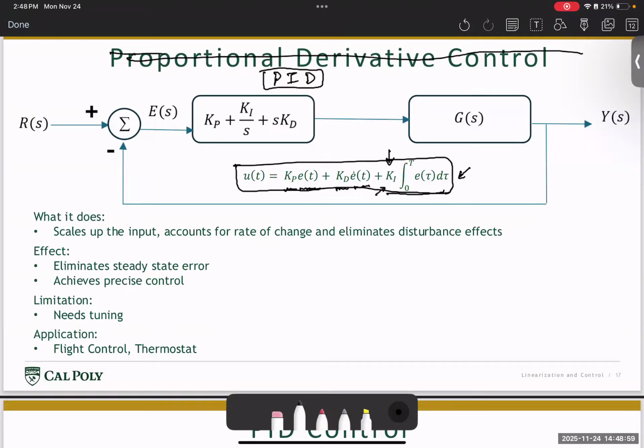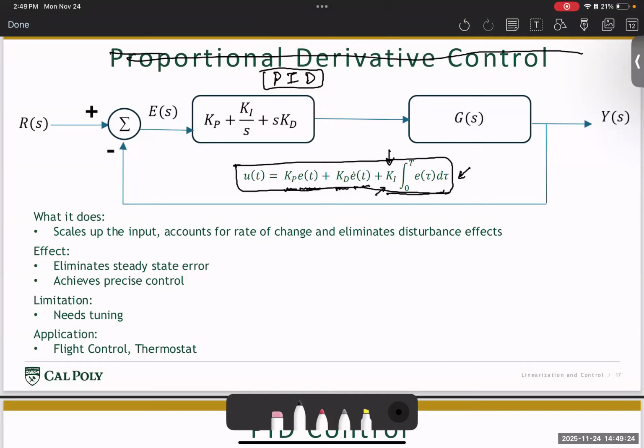So the biggest advantage of a PID control system is that you are eliminating the case of a steady state error. So if you want an aircraft to pitch by 5 degrees and the aircraft is at 4.99, you constantly have some control that's looking at the history of error over time that's going to minimize this error. So the biggest advantage of a PID control is that it'll eliminate the steady state error in our system.